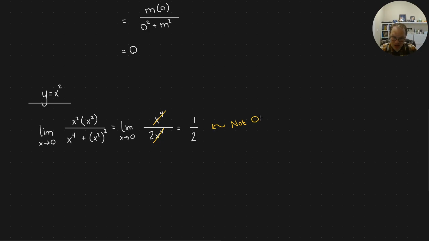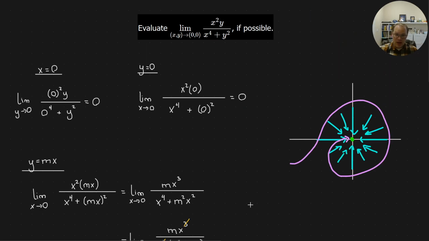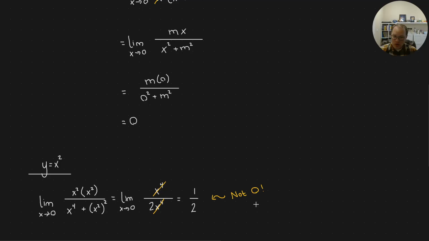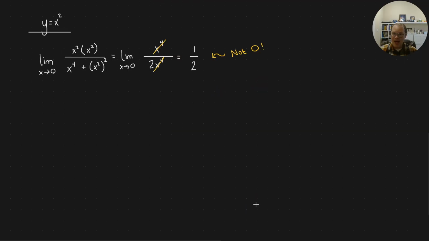Specifically, not 0, right? There is a path that exists that approaches the origin where the limit is not 0. Which means the limit does not exist. In order for the limit to exist, the limit has to agree along every path in every direction. We found a path where it does not agree.